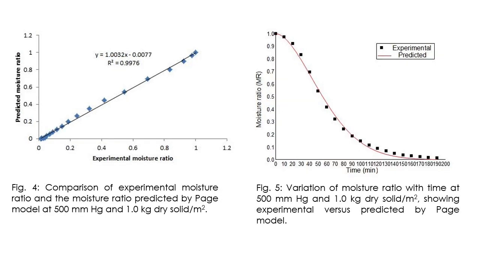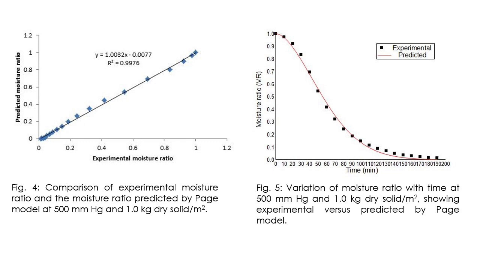Similarly, Figures 4, 5, 6, and 7 represent the observations of drying experiments at 500 and 600 mm mercury at 1 kg dry solid per meter square.